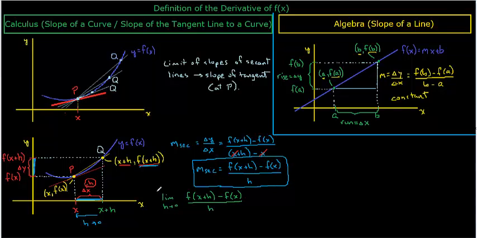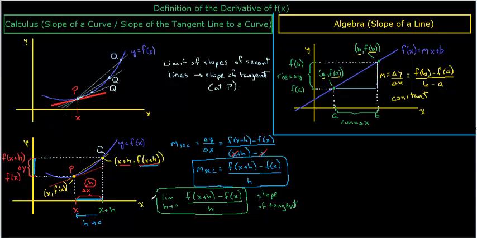all divided by h. Now this limit is a very important limit. Geometrically, this is the slope of the tangent.